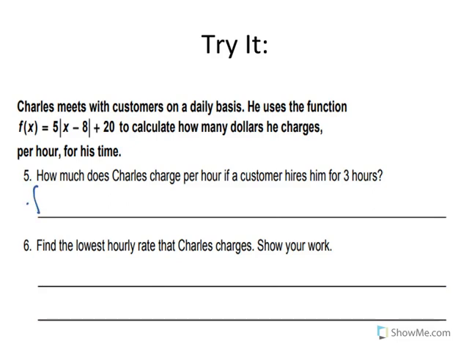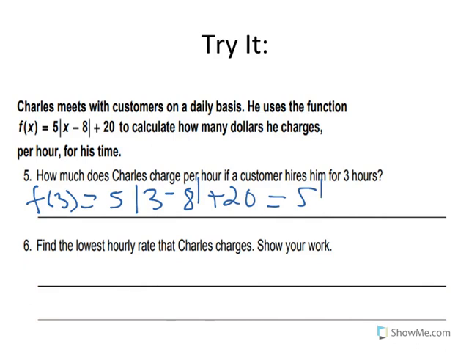So that means this is f of 3 equals 5 times the absolute value of 3 minus 8, plus 20. So this gives us 5 times the absolute value of negative 5, plus 20. This is 25 plus 20, so the answer is 45. So he charges $45.